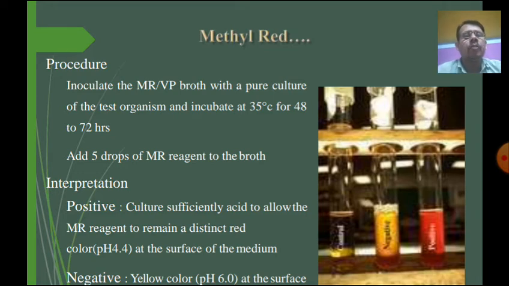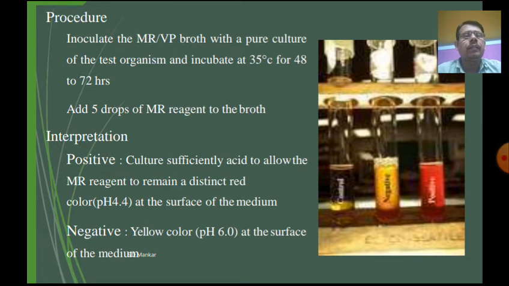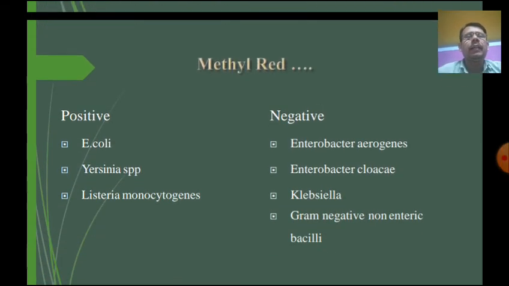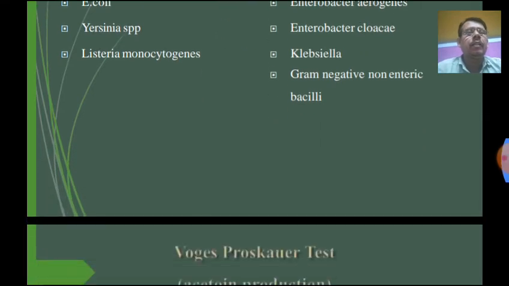In the case of yellow color, the pH is 6 at the surface of the medium, because it depends upon the pH. So methyl red is positive in E. coli, Neisseria species and Listeria monocytogenes, and negative in Enterobacter aerogenes, Enterobacter cloacae, Klebsiella, gram negative bacteria or non-enteric bacilli. For these, methyl red is negative.